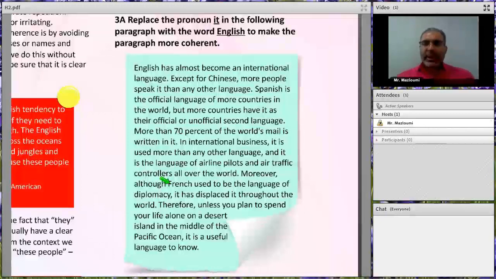Now, let's check out some new vocabulary. Well, everyone, except for means but, apart from. For example, I go to school every day except for Fridays. It means I don't go to school on Fridays. Well, we have official and unofficial second language.